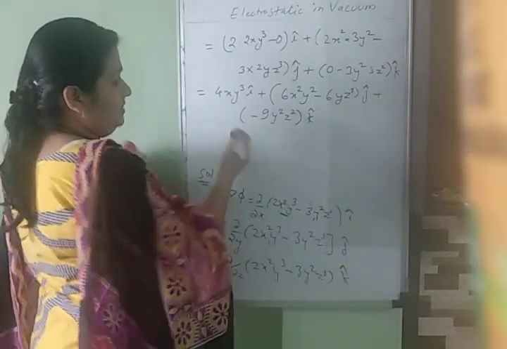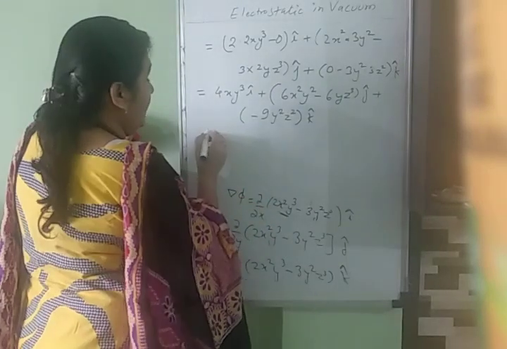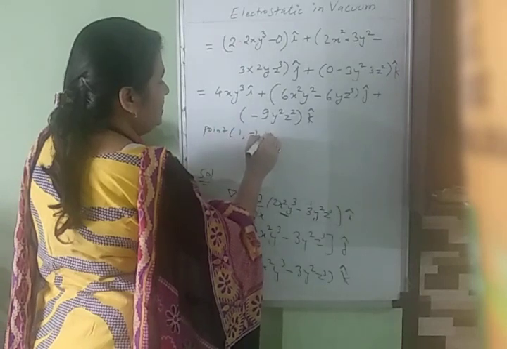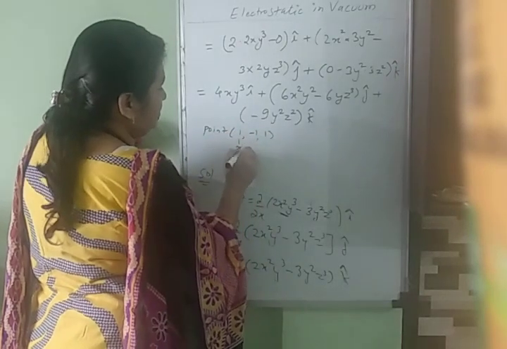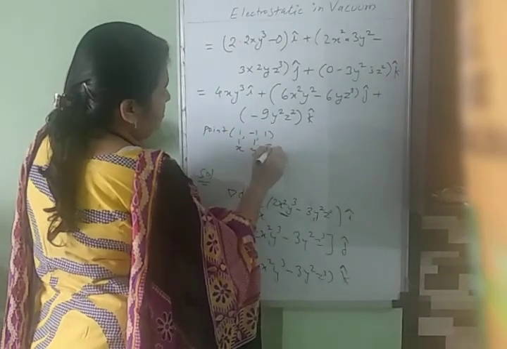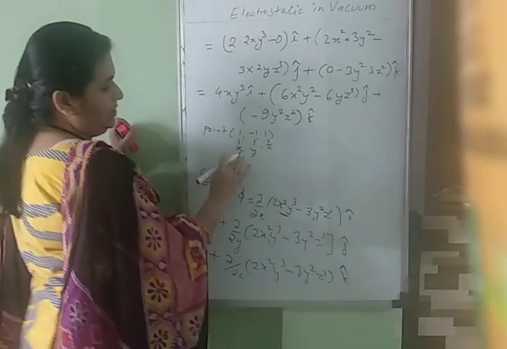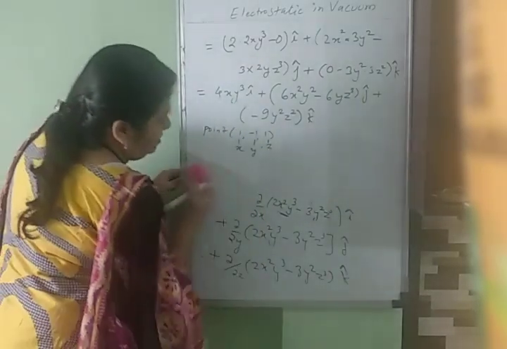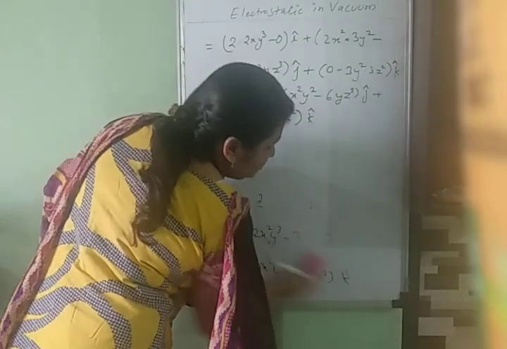Now find del phi, the gradient of phi, at the point (1, -1, 1). Here the first value is x, the second is y and the third is z. Substitute the values of x, y, z in this equation and we get the final solution.